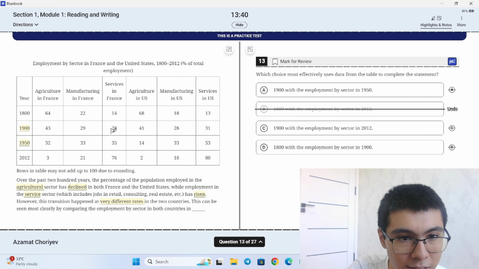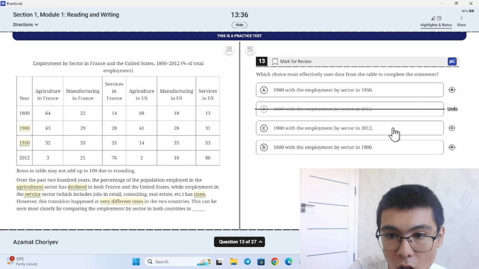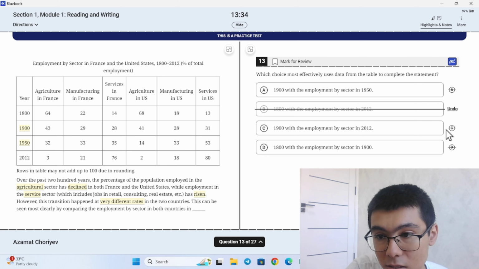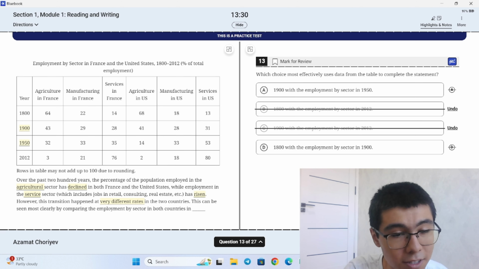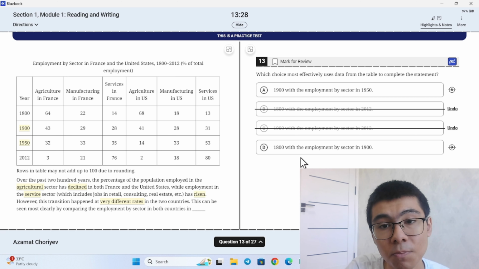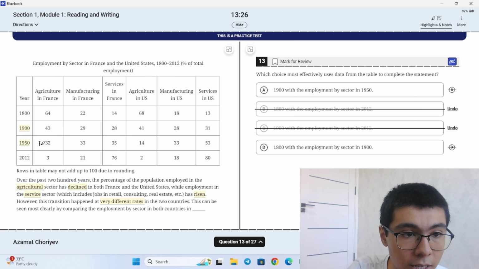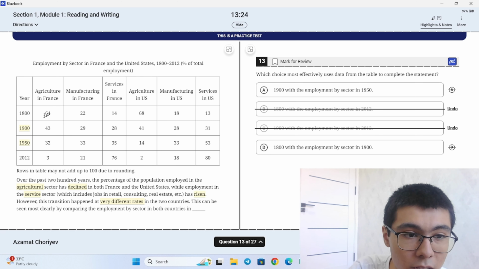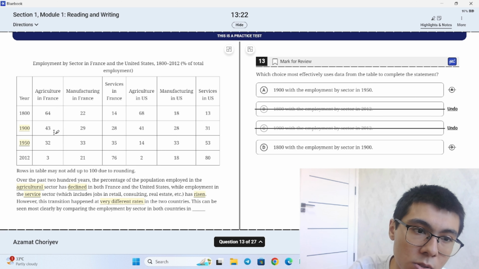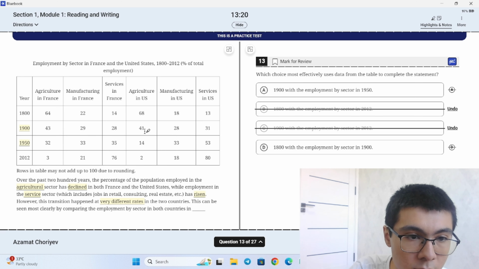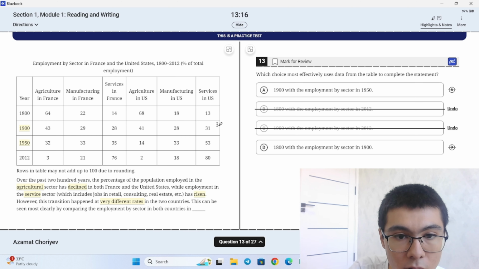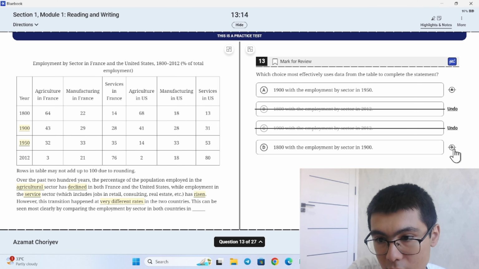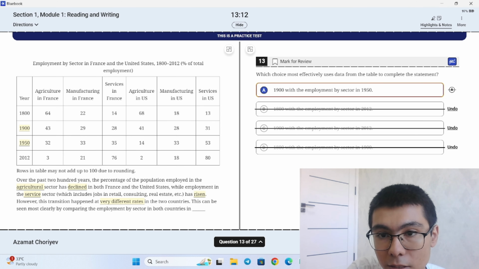This is almost the same. 28 to 76, 31 to 80. Almost the same. I want very different rates. They have to decline and increase at very different rates. 1890, 1900. 64 to 43, 68 to 41. Almost the same. 14 to 28, 13 to 31. Almost the same. So A is correct.